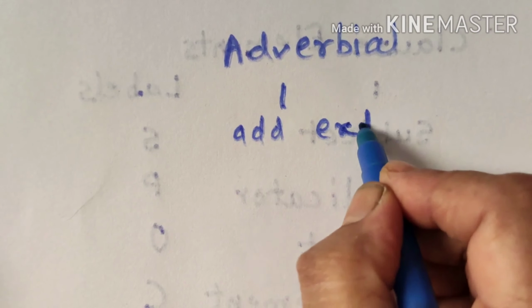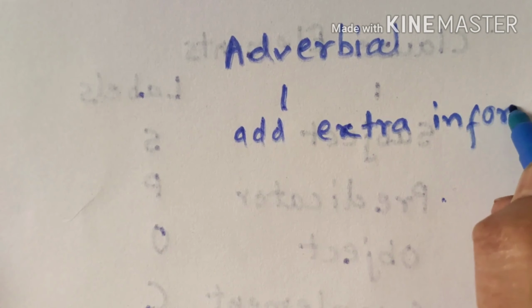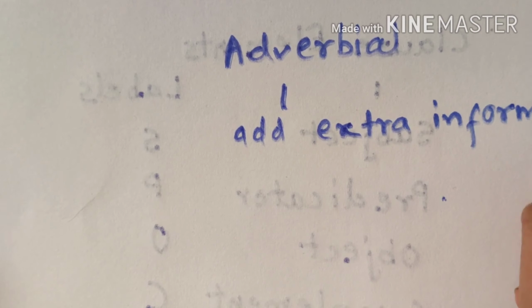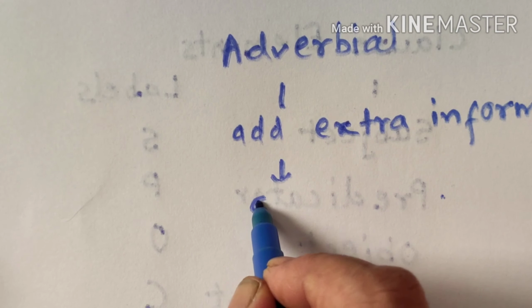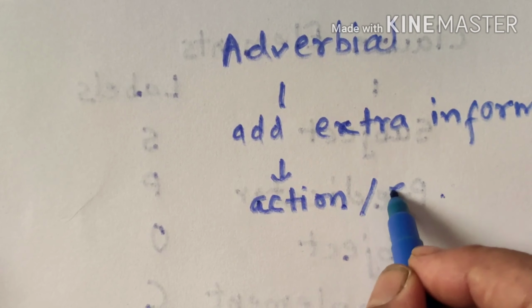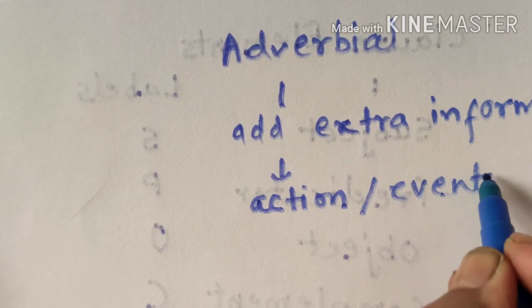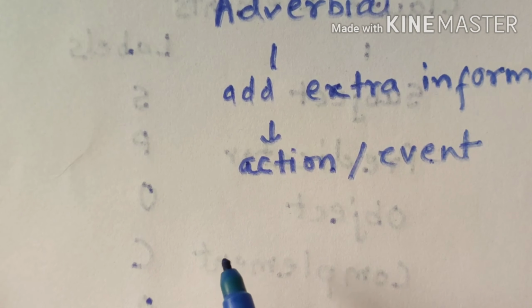So, we see that adverbials are such elements which add extra information. And that information is related to the action or event.